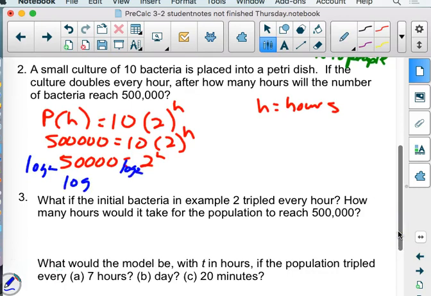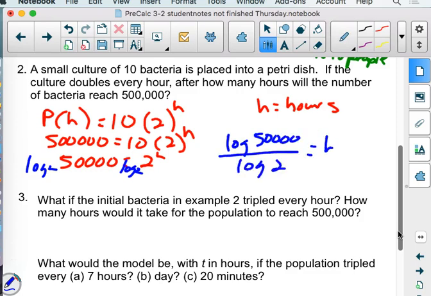So those of us with the older calculators, I probably could find some more space over here. Log of 50,000 divided by log of 2 equals H. What'd you get?